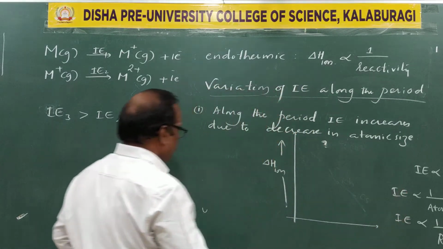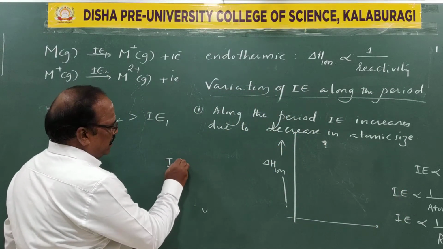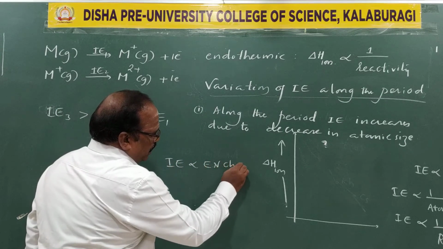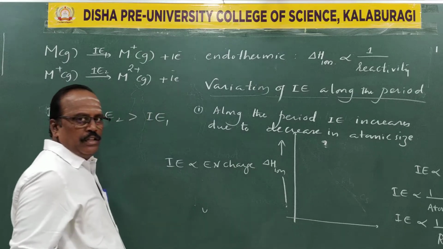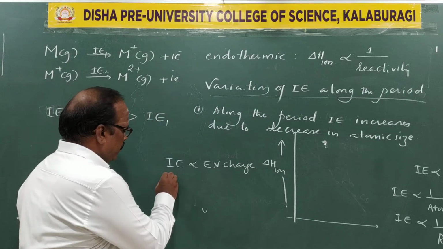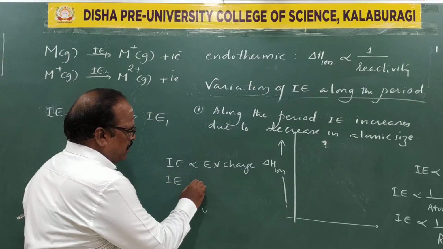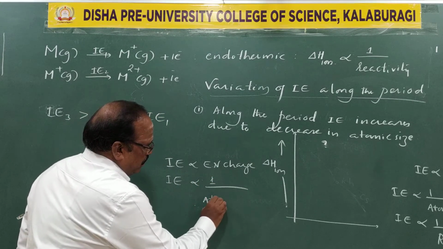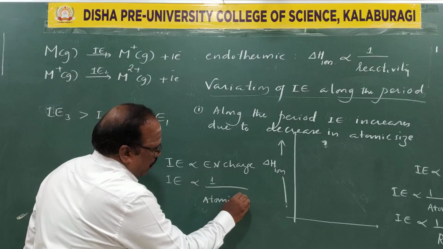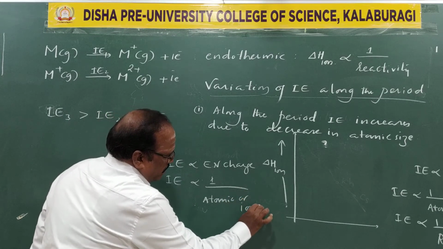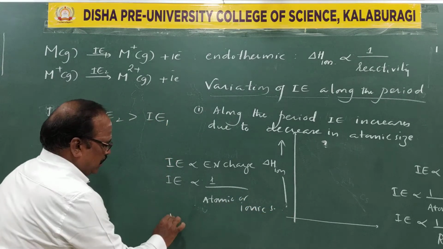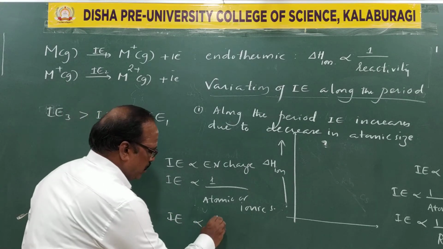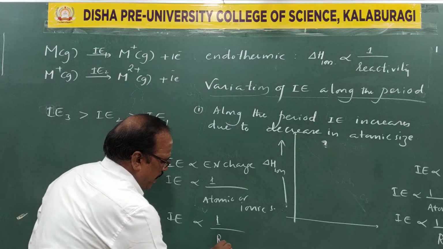I write here. First point: ionization energy is directly proportional to effective nuclear charge. Second information: ionization energy is inversely proportional to atomic size or ionic size. Third point: ionization energy is inversely proportional to reactivity.